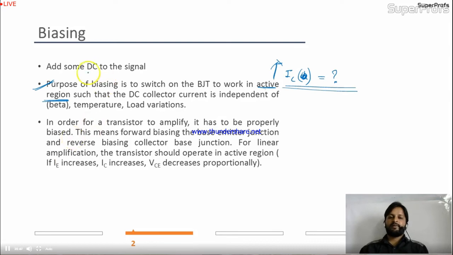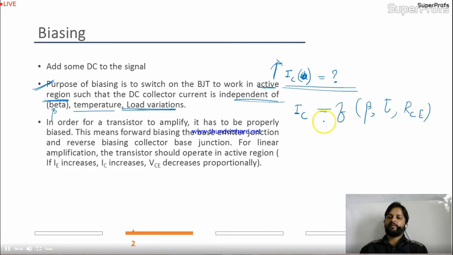So again, the purpose of biasing is to switch on the BJT to work in active region such that the DC collector current is independent of beta, temperature and load variations. Three things: IC is a function of beta, it will also be affected by temperature, and by load variation. But we have to keep it constant.